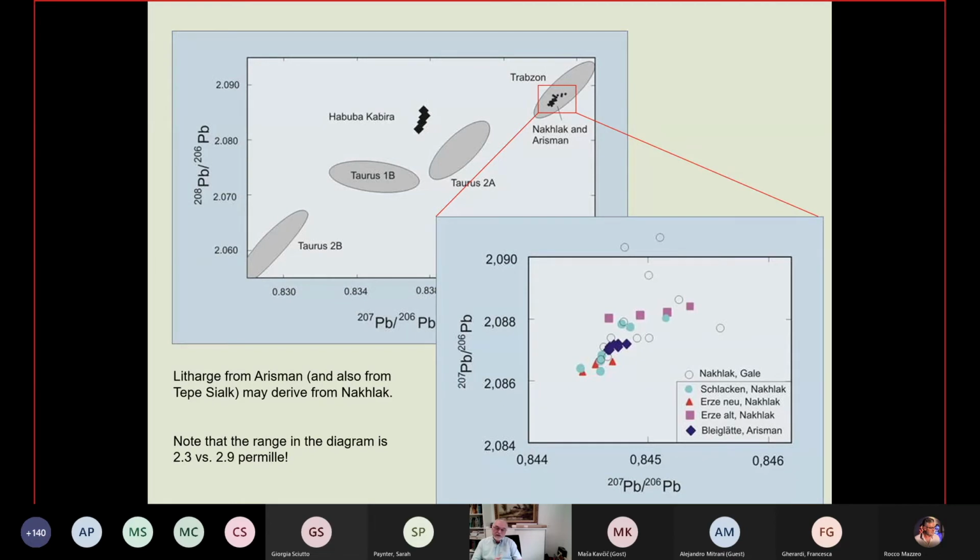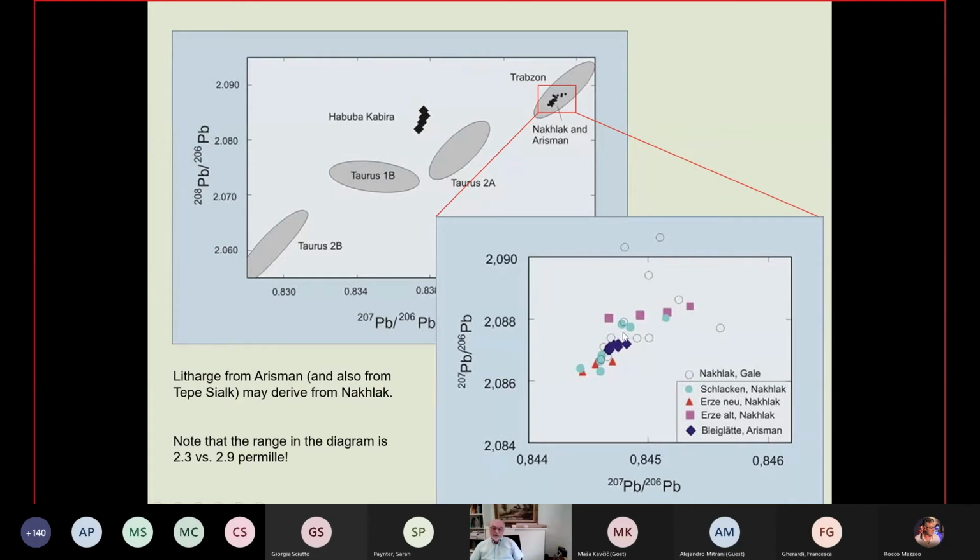And here we can not only exclude other sources as possible suppliers, but we can pinpoint Nakhlak, because Nakhlak has a very small variation of lead isotope ratios in the ores. It is a single stage formation deposit.